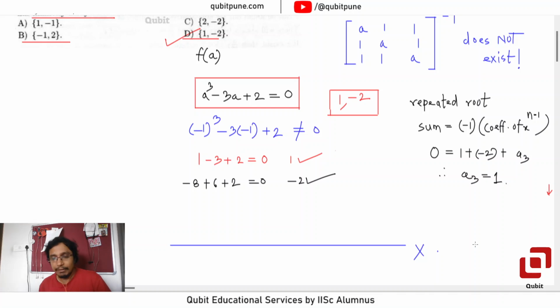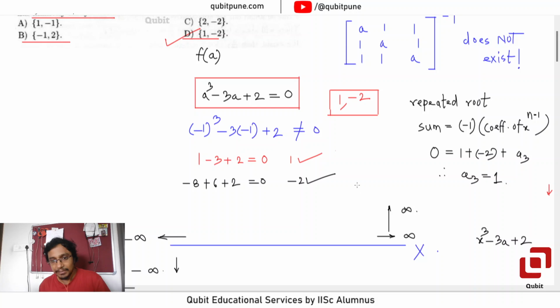Which polynomial are we plotting? x cubed minus 3x plus 2. For a cubic polynomial, as x tends to negative infinity, f of x also tends to negative infinity, and as x tends to positive infinity, f of x also tends to positive infinity.